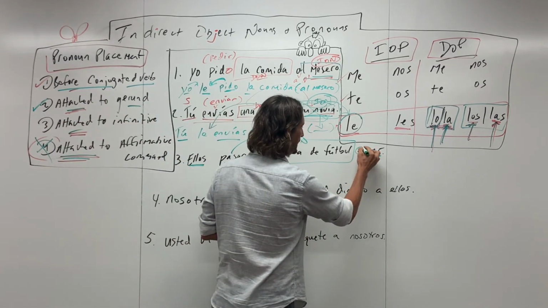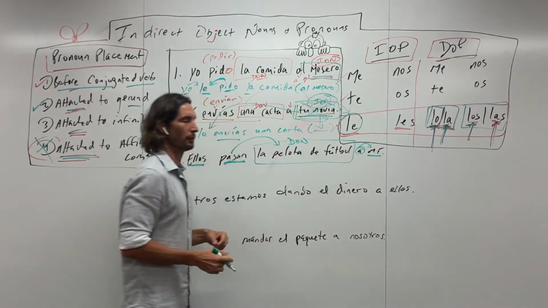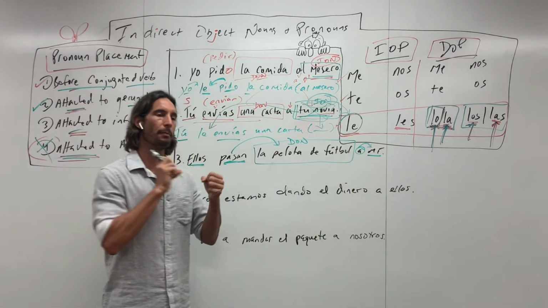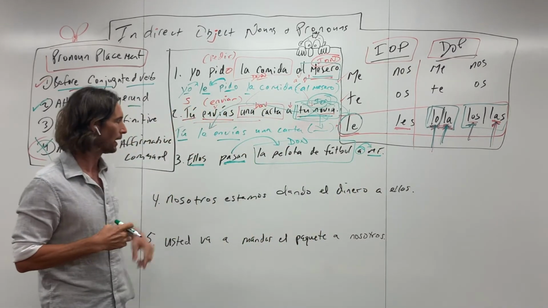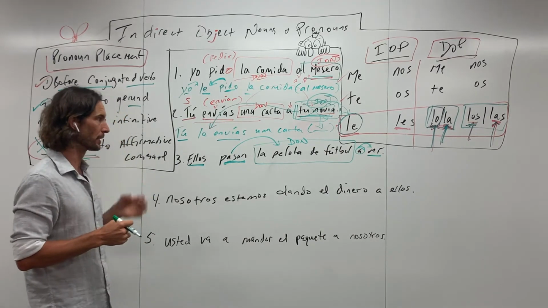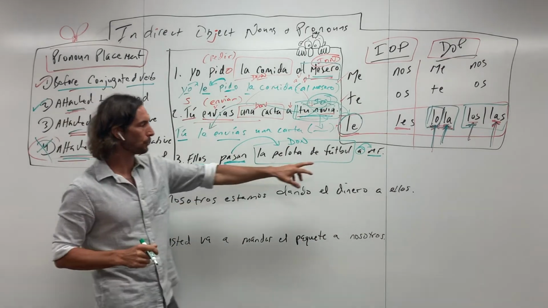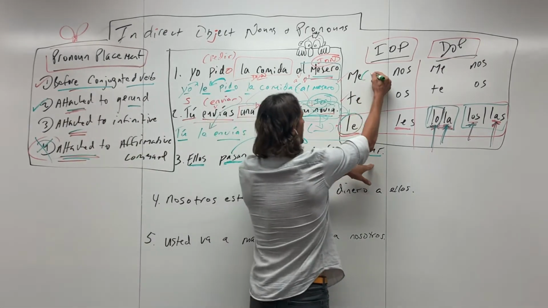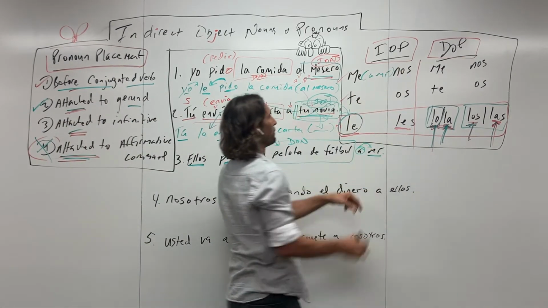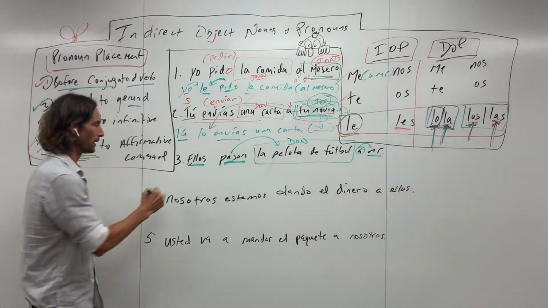A mí, again, attached with the prepositional phrase. So it's sort of binding me, if you will, to the sentence. And so what is our pronoun equivalent for this, right? It would be me. And so let's rewrite it.